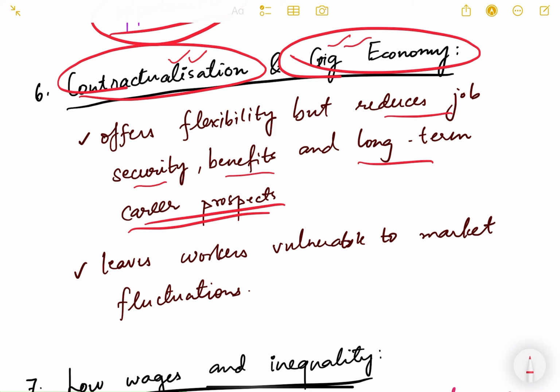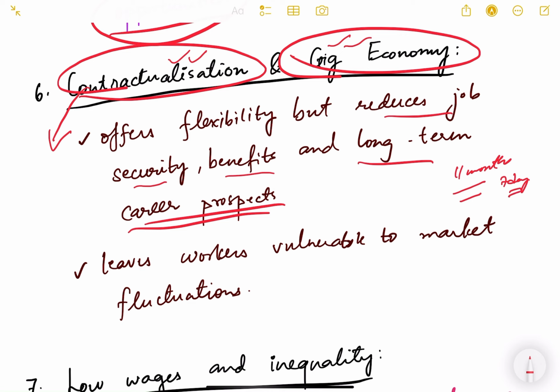A lot of jobs are being contractualized, meaning the jobs are given on a contract basis, say you are employed for another 11 months, and your salary will be this. It is a fixed salary. There are no social benefits like pension or medical insurance or anything, and you can be fired anytime by giving just a 7-day notice. You can be removed from the job anytime without any reason.